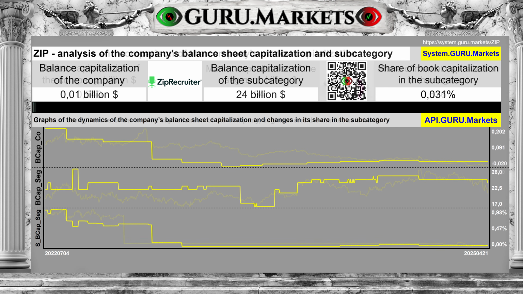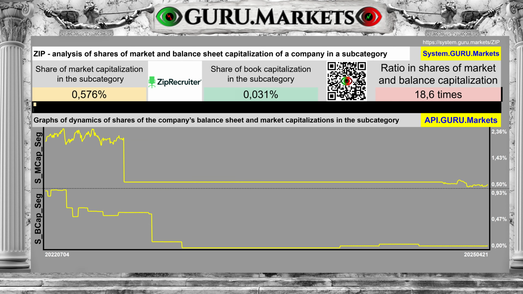The company's balance sheet capitalization is estimated at $0.01 billion, with a balance sheet capitalization of the subcategory of $24 billion. ZipRecruiter Incorporated accounts for a share of 0.031%. Comparing the occupied shares of stock exchange and balance sheet capitalization, we see the following.